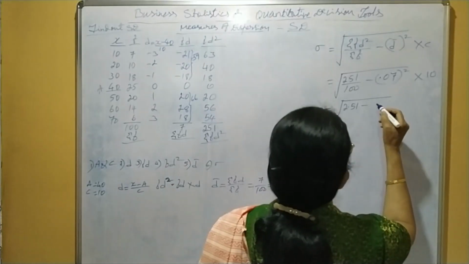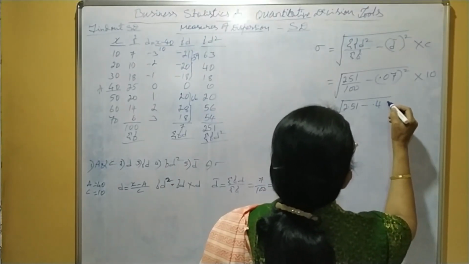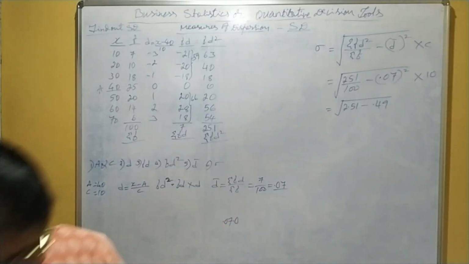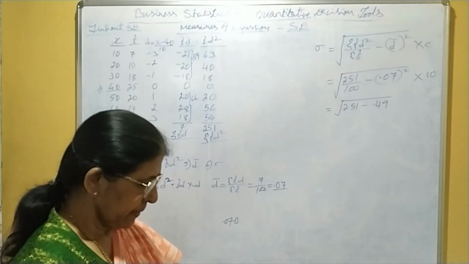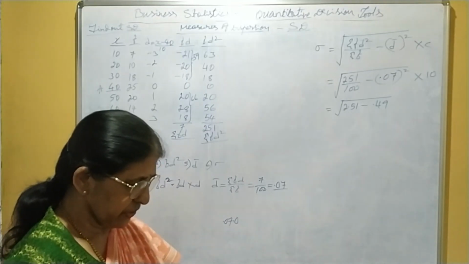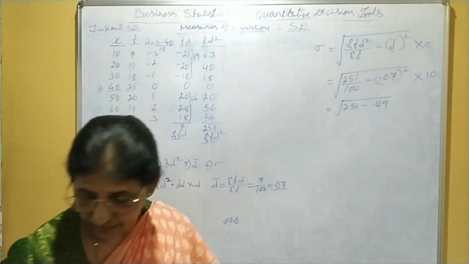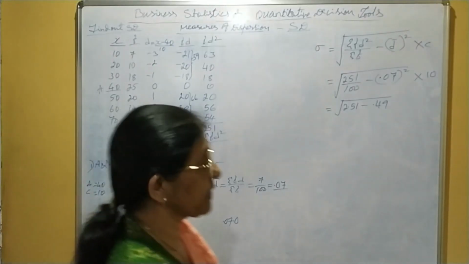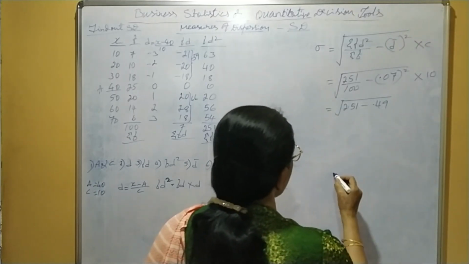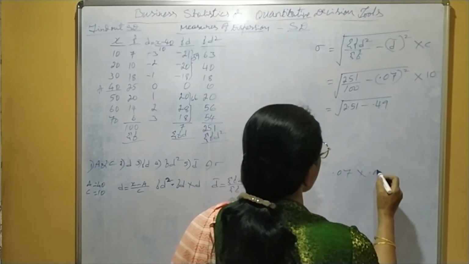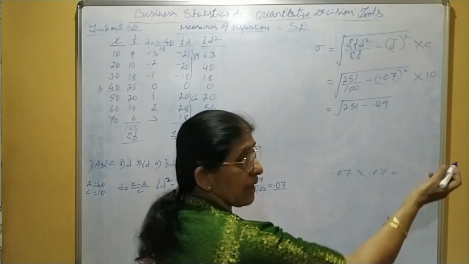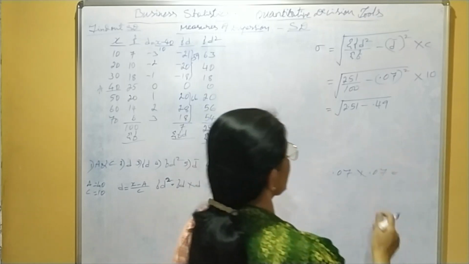It is how much? 0.49. Is it? Let us check once. 0.07 into 0.07. It is not 0.49, because 0.07 into 0.07, then how many places are there after the decimal point? 4 places are there.